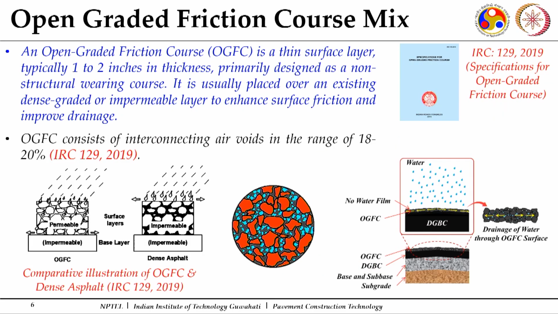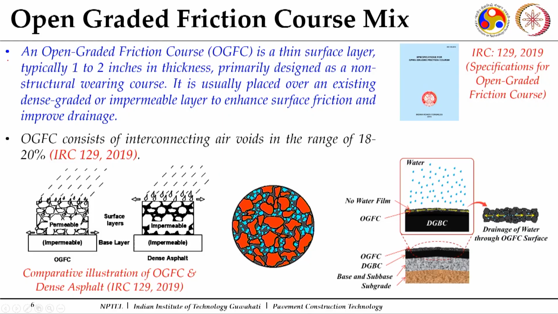Now, the other categories we discussed were dense graded and gap graded; now, open graded. One peculiar mix under this category is open graded friction courses. Now, the term itself says it is open graded, and friction means it has some quality which imparts more frictional resistance to the surface.